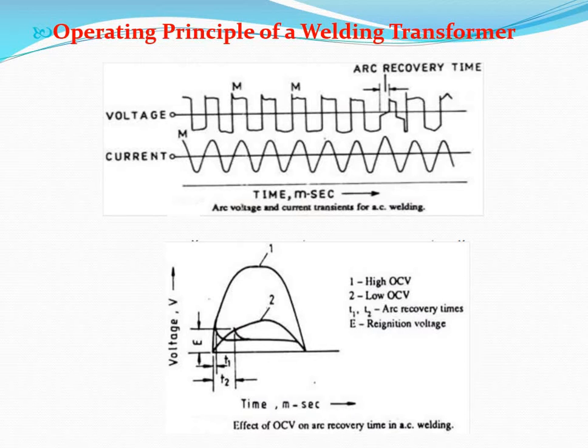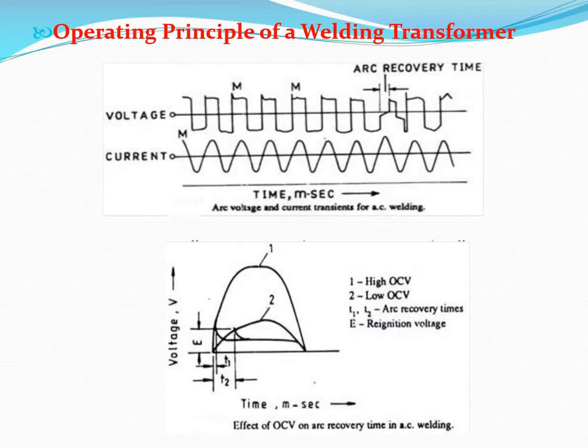So, for maintaining a sustained AC arc, the welding circuit should contain an inductance, which will produce a phase difference between the voltage and current transients. When welding with low currents, the cathode loses more heat than when welding with high currents.